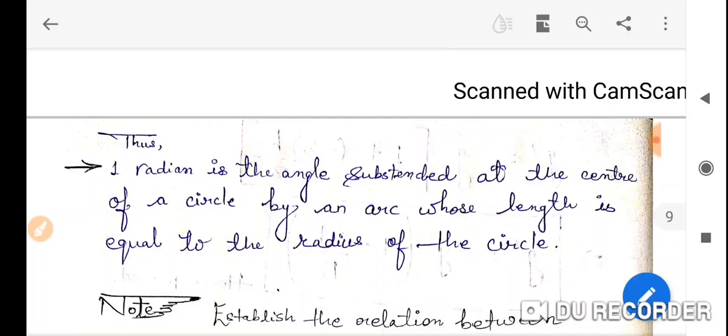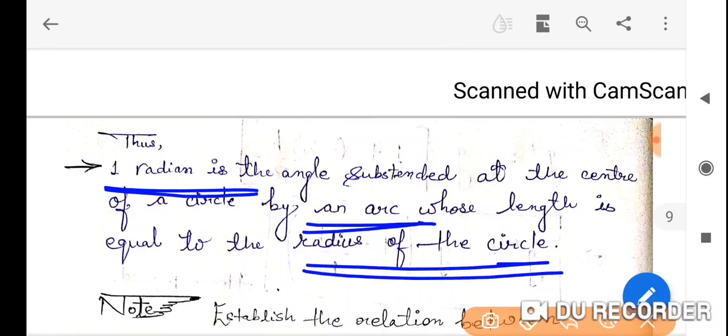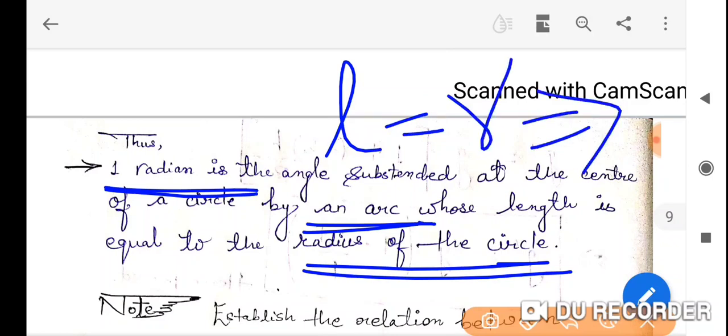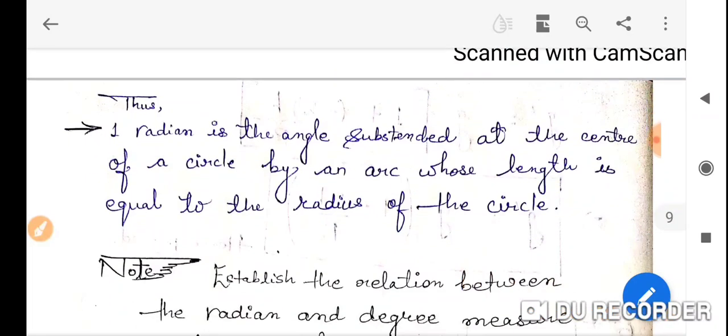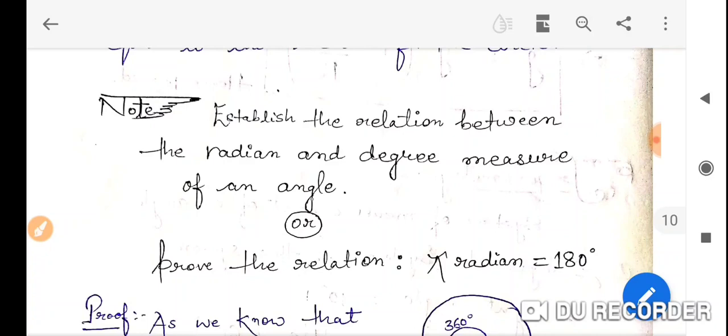That means 1 radian is the angle subtended by an arc which is equal to the radius of the circle. Arc is equal to radius, L equals R. That means theta is equal to 1 radian. This is an important definition.